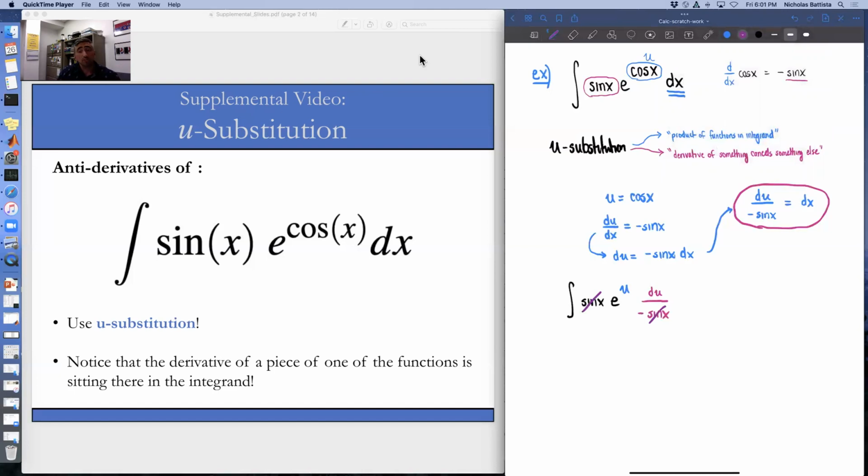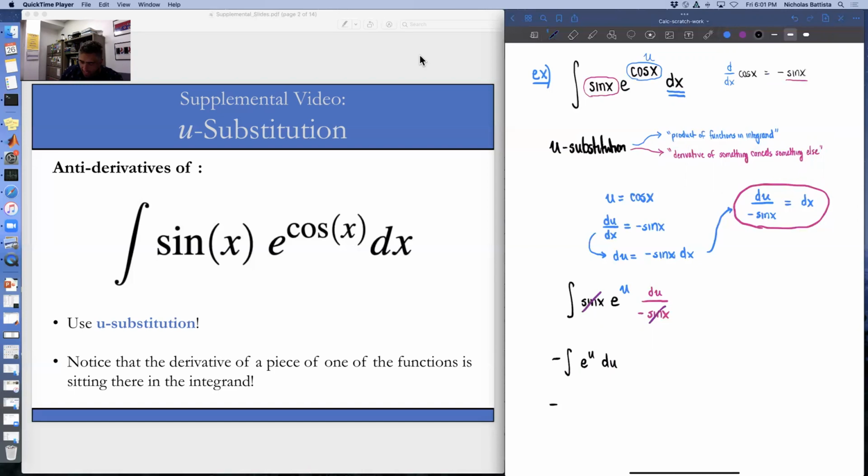We have to be careful because we still have that minus sign, and that minus sign is really a minus 1, which we can carry out in front of the integral. So this integral becomes minus the integral of e to the u du, which looks a lot more friendly and a little bit easier for us to compute the antiderivative of than that original integral.